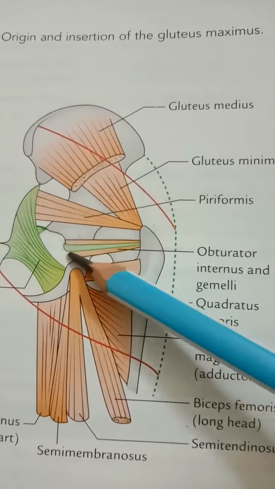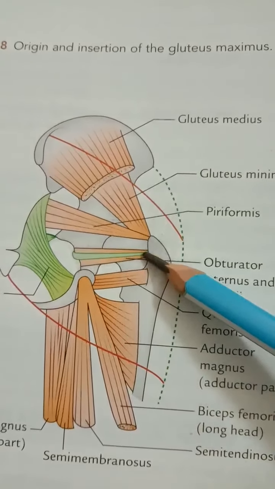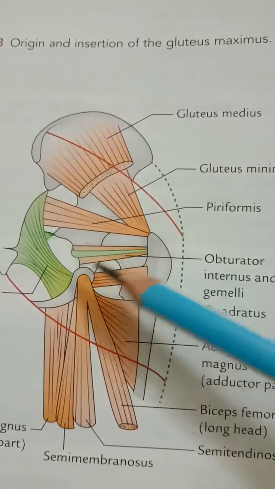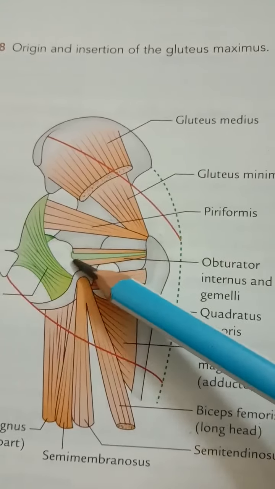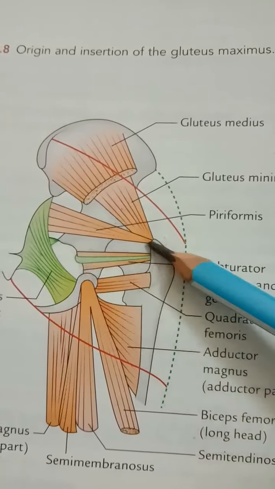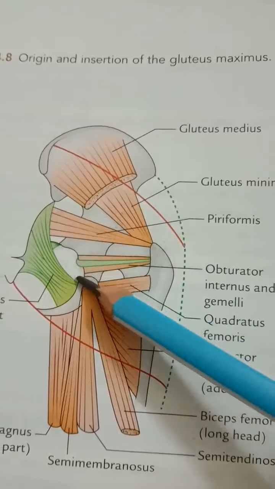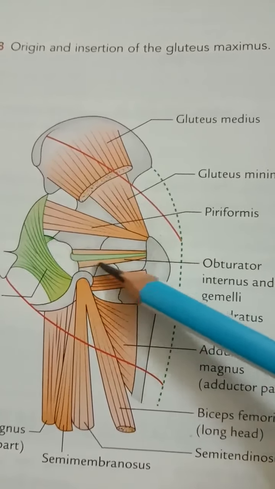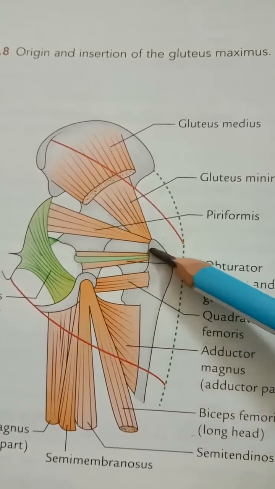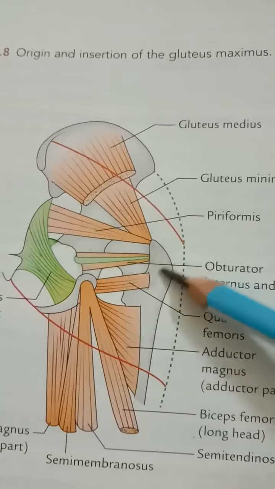The origin of the gemellus inferior is the lower part of the lesser sciatic notch. So this is the lower part, and this is the lesser sciatic notch. Then the insertion is the same, on the medial surface of the greater trochanter of the femur.